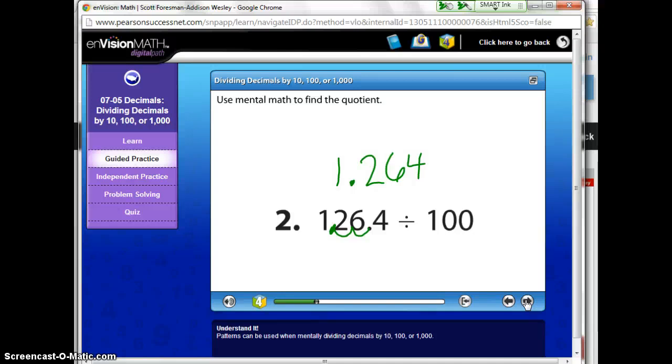We read this whole number together. 264. Everybody better be able to say that number. It ends in the third spot, which is the thousandths. So we say 1 and 264 thousandths. Maybe we need a little brush up on that part of the lesson, huh?